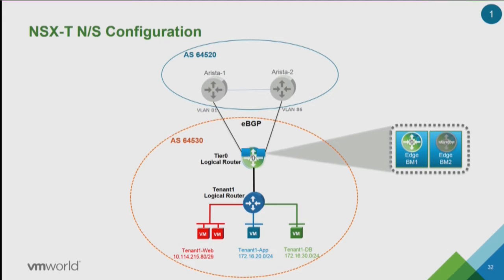I have two Arista devices here, Arista 1 and Arista 2. So we are going to have a peering relationship to both the Aristas on the uplink. On the downlink, the tier 0 is going to be connected to the tenant 1 logical router, which we configured in the first demo. The nice thing about NSX-T is there is nothing to be done here. Once you attach this, we take care of all the route plumbing in NSX. So there is no routing protocol running between the tenant 1 and the tenant 0 anymore. So there is no concept of DLR control VM at all.